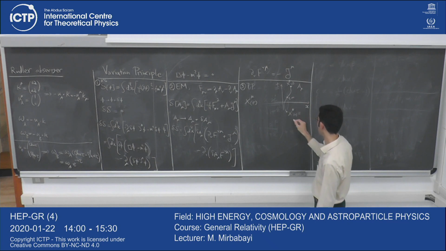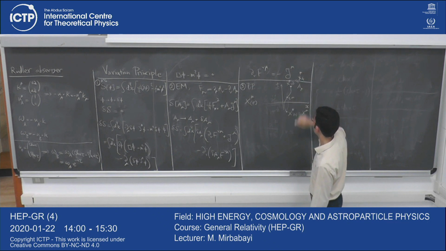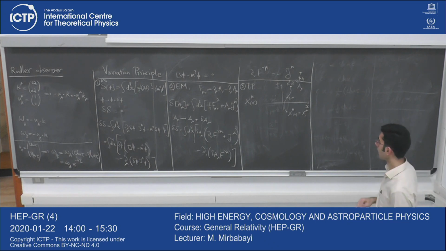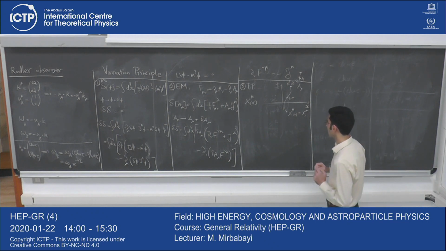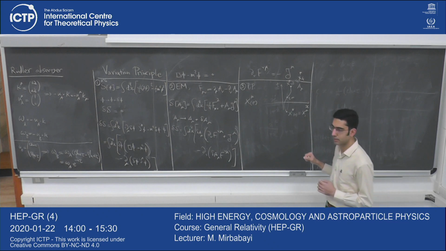So this X mu of 0 is x initial, and X mu of 1 is equal to x final. You can also use the proper time. I'm not using the proper time to emphasize that you could use anything. But of course the proper time is convenient for many purposes.